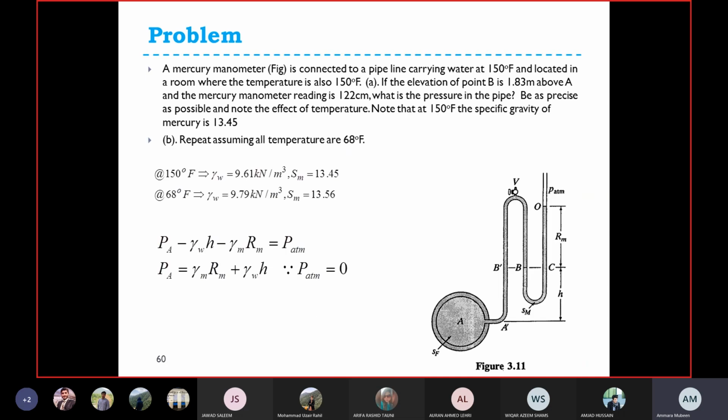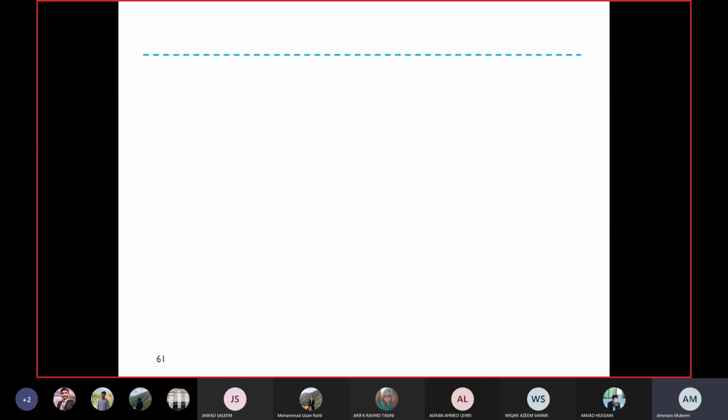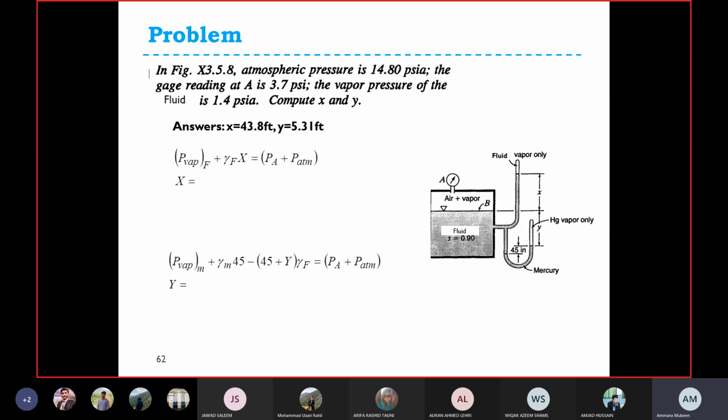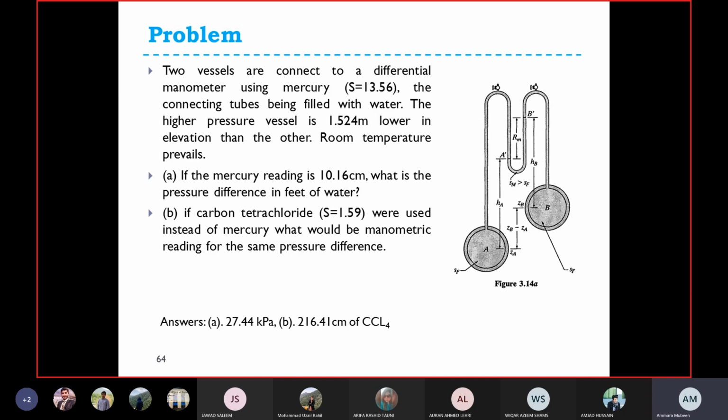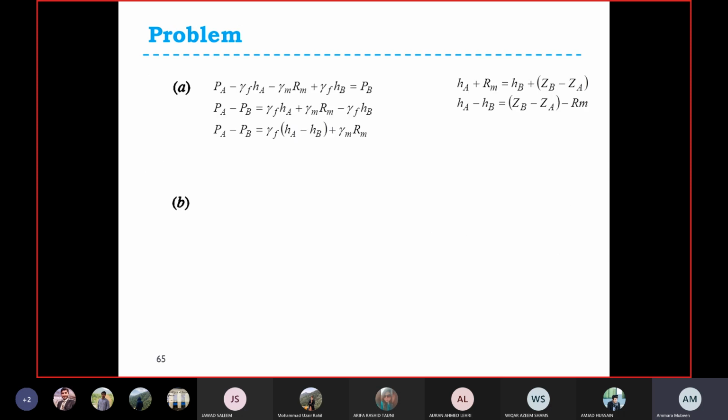One is the U-tube manometer and the other is the differential manometer. There is no other rule than writing the correct equation to have the correct answer. Any question?